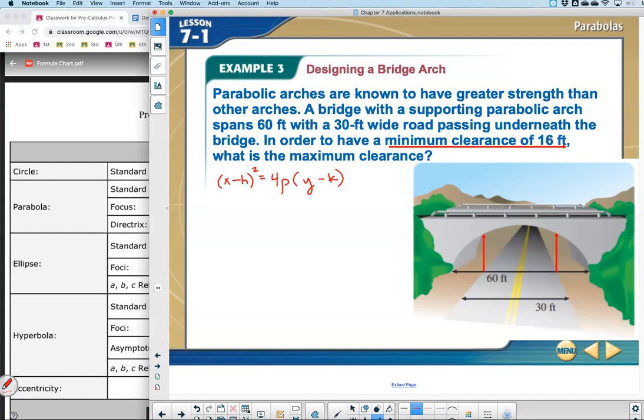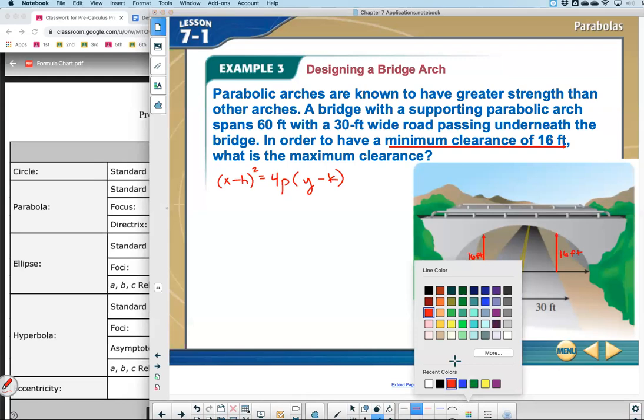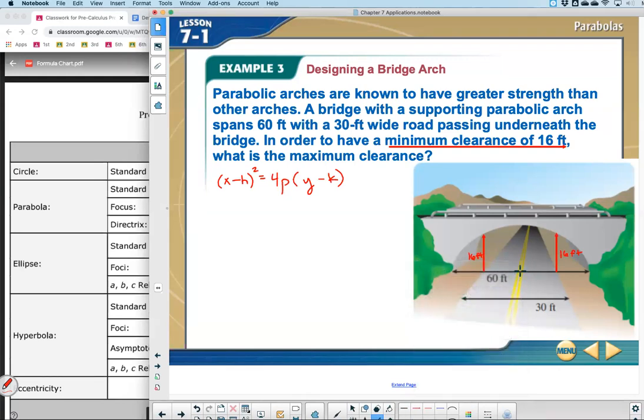This is 16 feet on either side. That's the minimum clearance. The problem says, what is the maximum clearance? So that's what we're trying to solve in this problem. The maximum clearance here I'm just going to do a question mark for now.